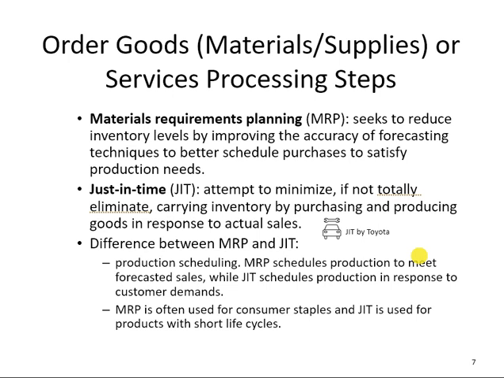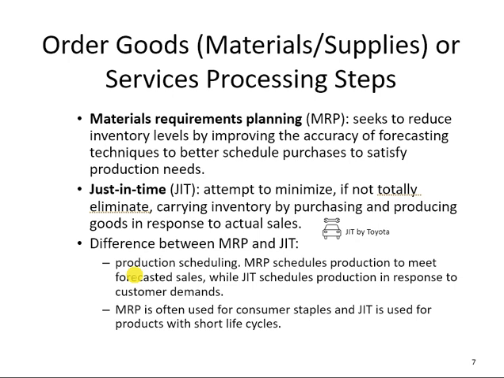So there are some major differences between MRP and JIT. The production scheduling will be different. Why? MRP schedules production to meet forecast sales, but JIT schedules production in response to customer demands.